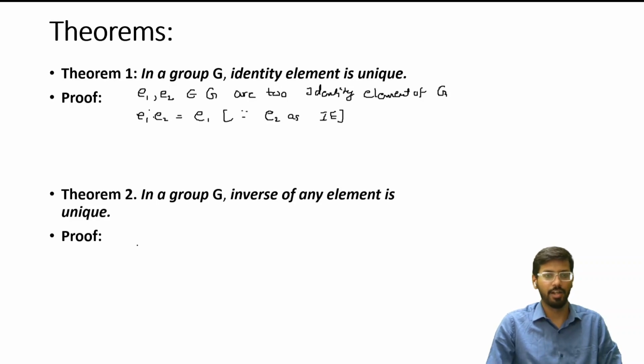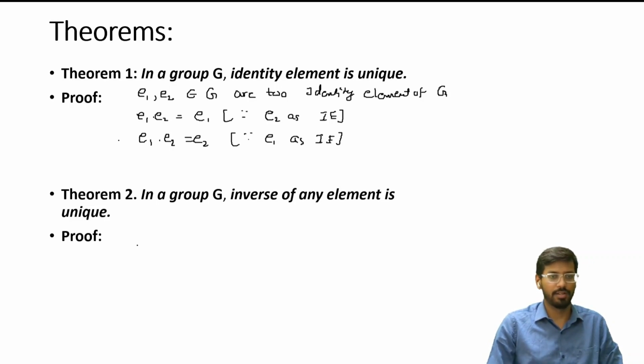Similarly, we can take E1 dot E2 should be equal to E2 if we take E1 as the identity element. ओके, अगर हम E1 को आइडेंटिटी एलिमेंट लेंगे तो ये E2 के इक्वल होगा. तो call it this equation 1, this equation 2.